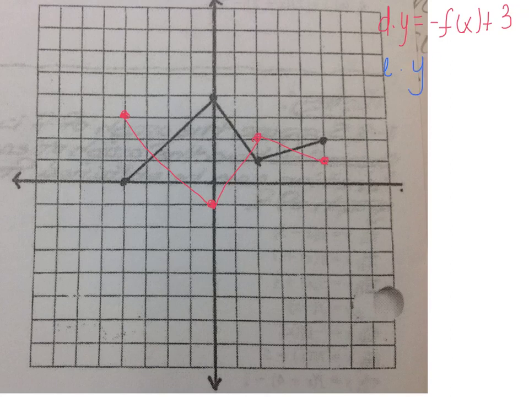All right, the next one I'm going to do in blue. And look now, the negative is inside, which means we're going to reflect over the y-axis, which means my x-coordinates change.